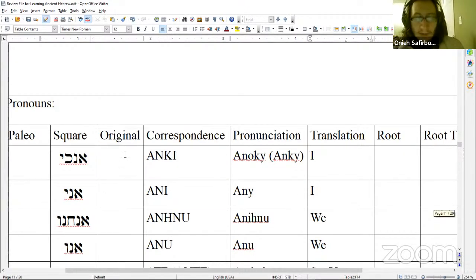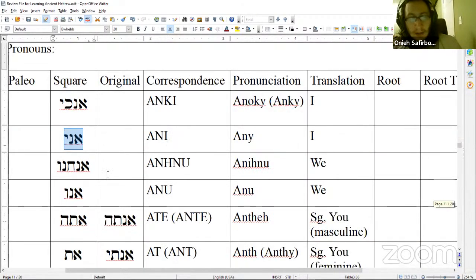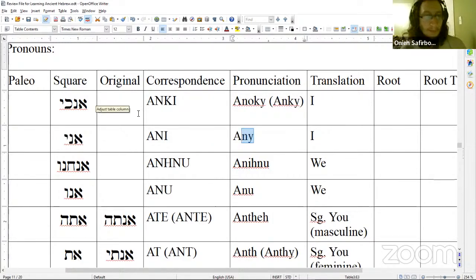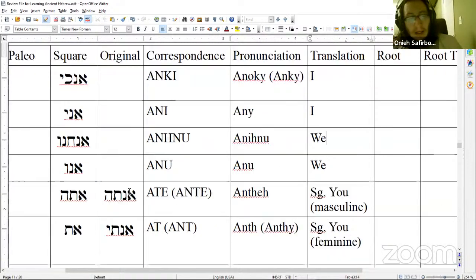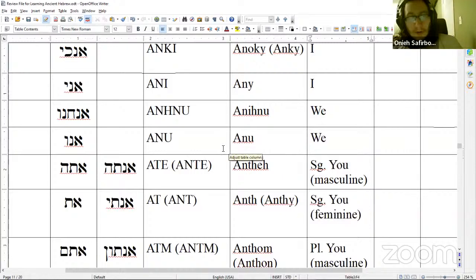Then we got pronouns. I is Anaki, and that's the oldest form, also preserved in Akkadian. The later form is Ani. They're both used in the Bible as I, but later on, Ani becomes the predominant form and Anaki disappears. Anhinu or Anenu is we, the fuller form originally, and then the later form developed, Anu, also means we.